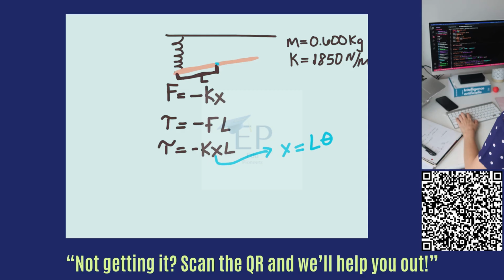So just putting that back into our equation, we end up with torque equals negative k L squared theta.